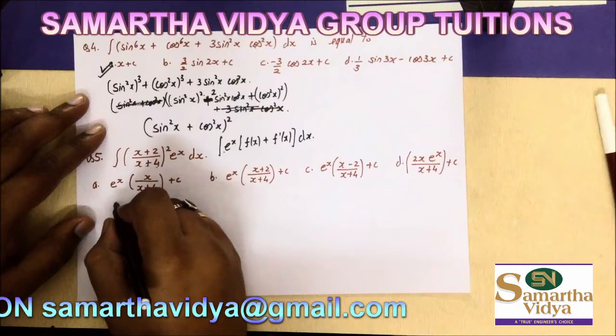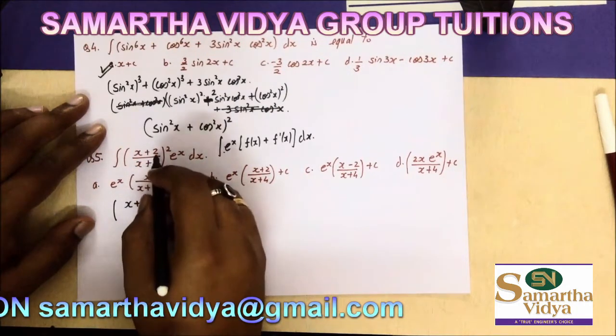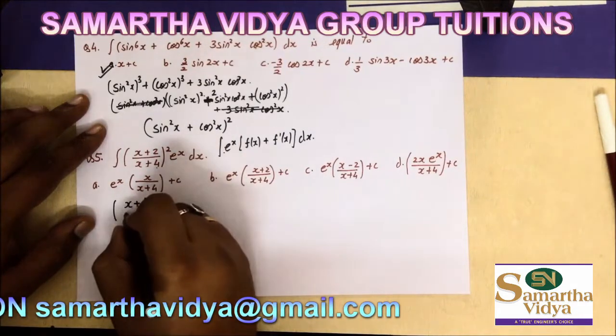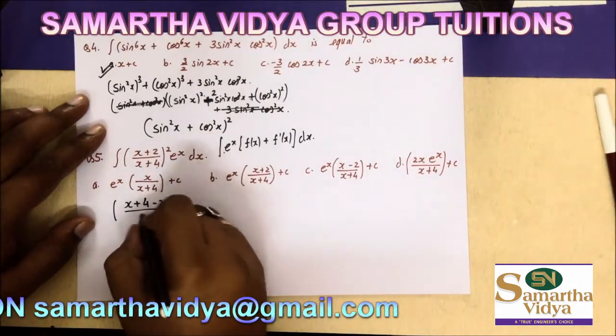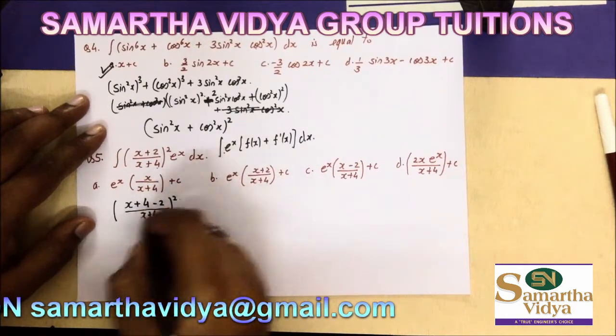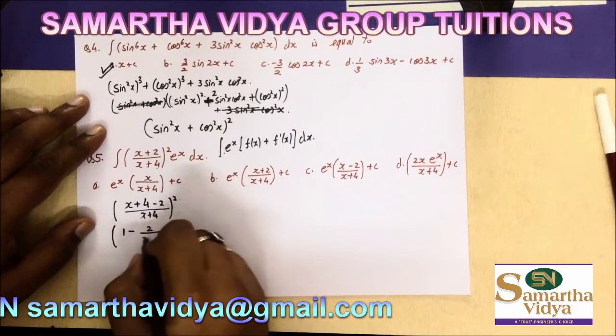So I can write x plus 2 as x plus 4 minus 2, so x plus 4 minus 2 upon x plus 4 the whole square. So this can be written as 1 minus 2 upon x plus 4.